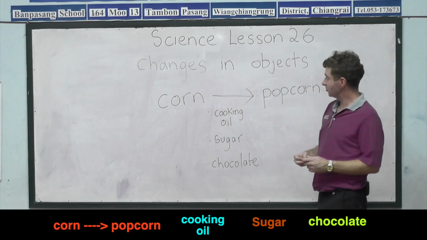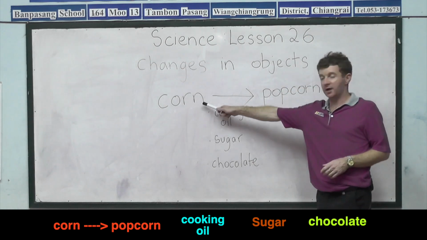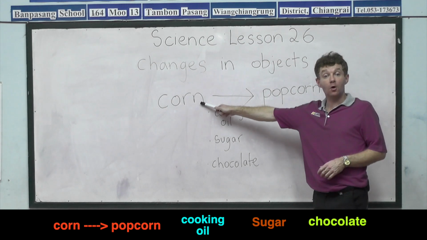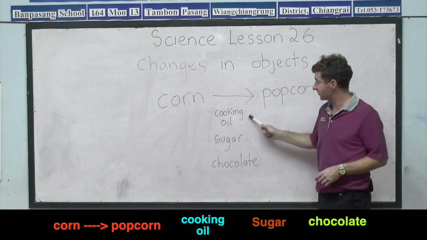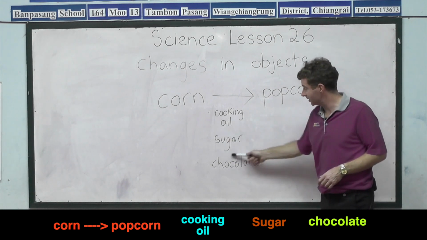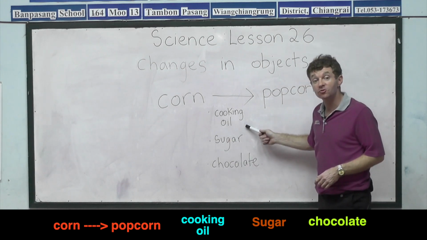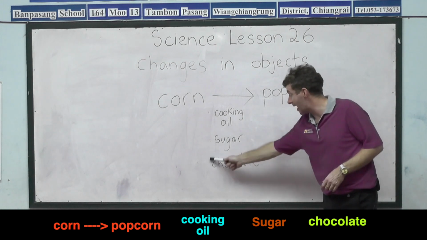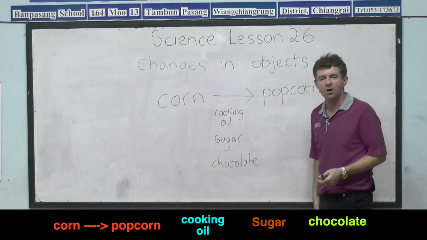C-H-O-C-O-L-A-T-E. So we started with corn. We added cooking oil. We added sugar. And we added chocolate.